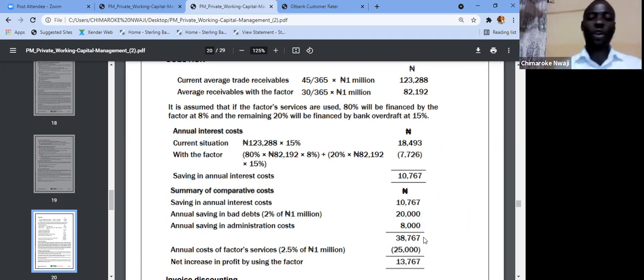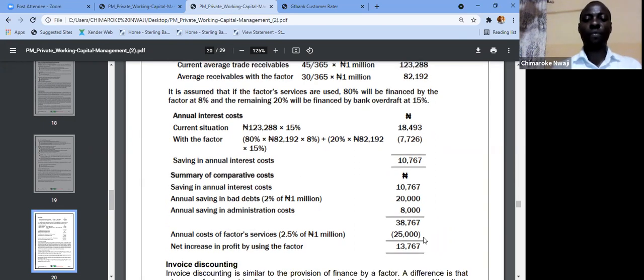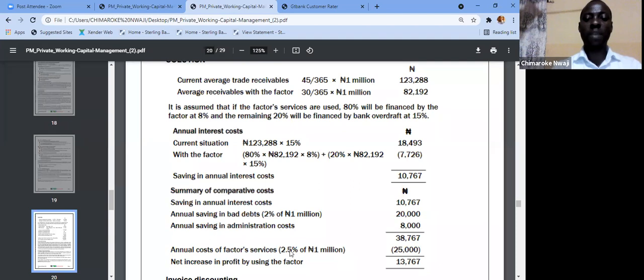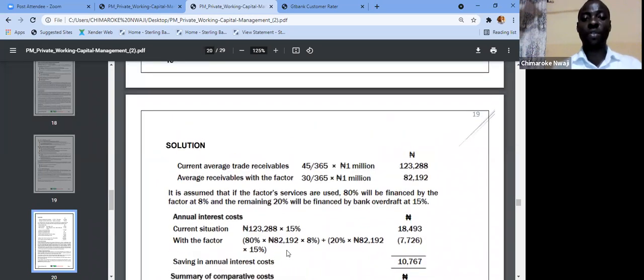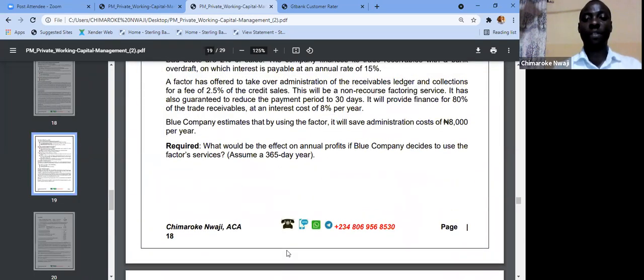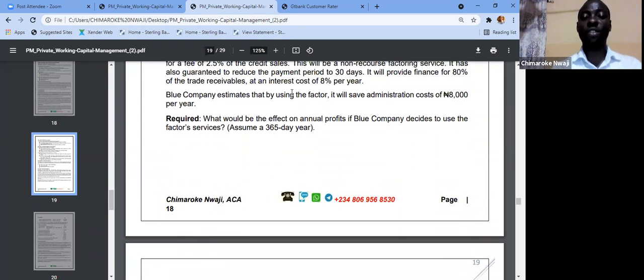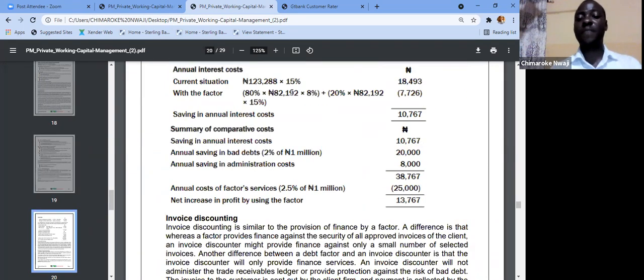What about the costs that you are going to incur when you use a debt factor? You are going to pay them their fee, 2.5% of your credit sales. So that's what is stated here. Your credit sales is 1 million, and 2.5% of that will give you 25,000.